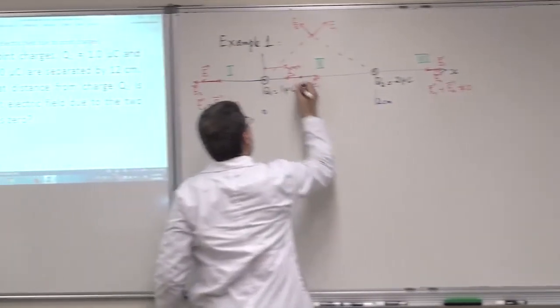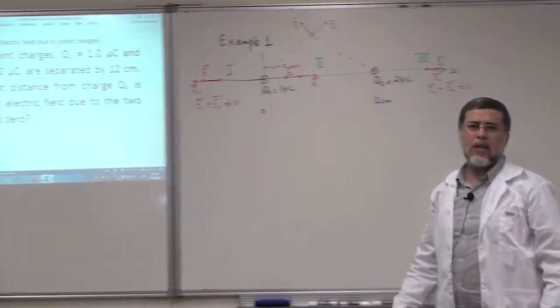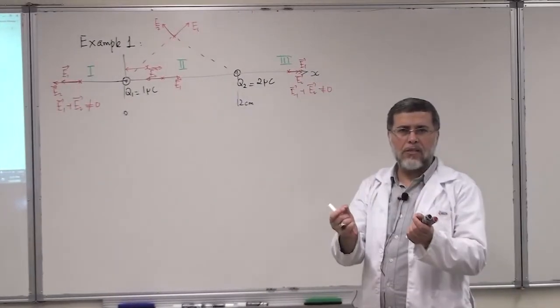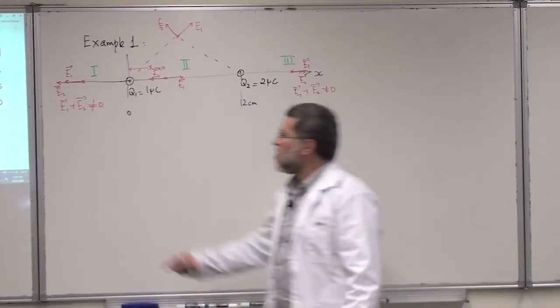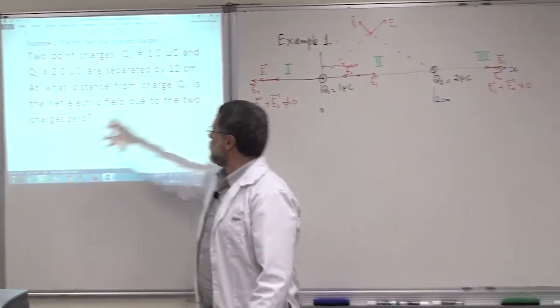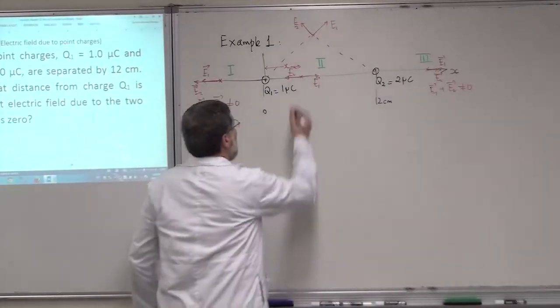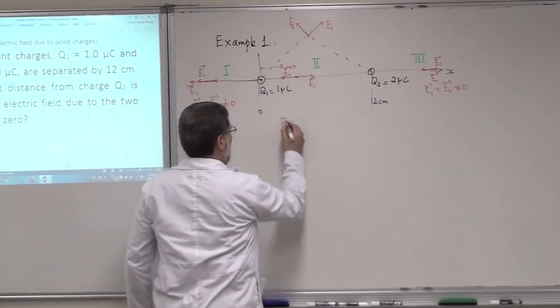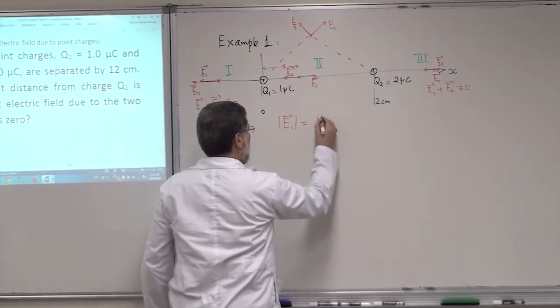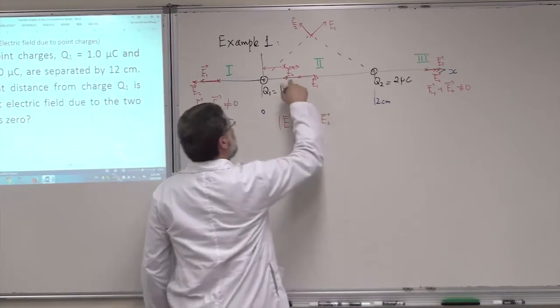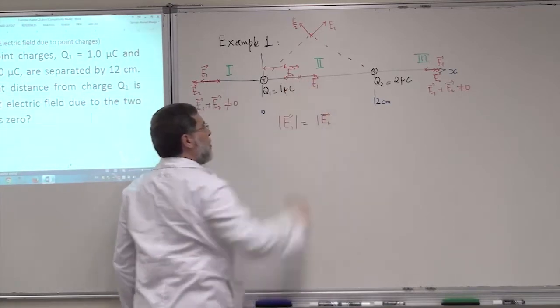And you can see clearly that both of them are in opposite directions. So if the magnitudes are the same, then they cancel each other. And the net electric field due to the 2 charges will be 0, because they cancel each other. Okay. So let's write that E1 in magnitude should be equal to E2 in magnitude, so that when you add them vectorially, they will be equal to 0.